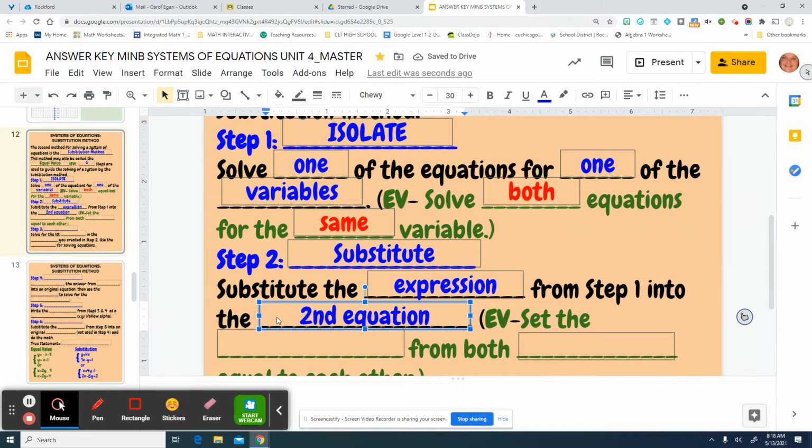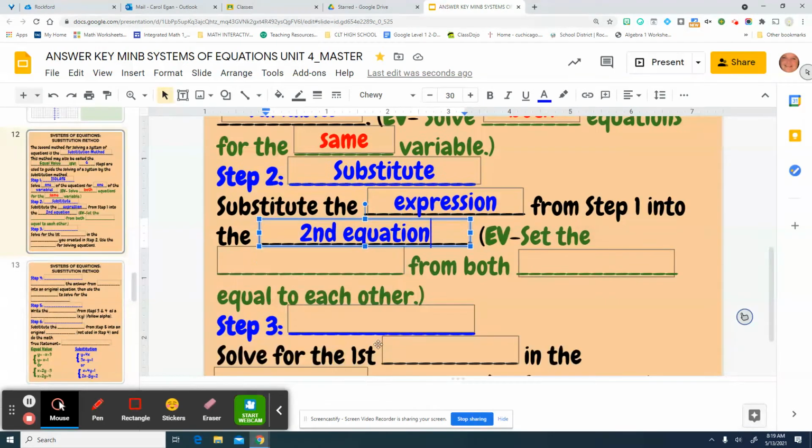So in step 1, we've isolated one of the variables. So we have y equal to an expression, or we have x equal to an expression. So that expression side, we're going to take that and substitute it in for the isolated variable. So if we isolated the y, that expression will go in where y is. If we isolated the x, the expression will go in where x is. In the equation, the second equation, that we didn't isolate a variable in.